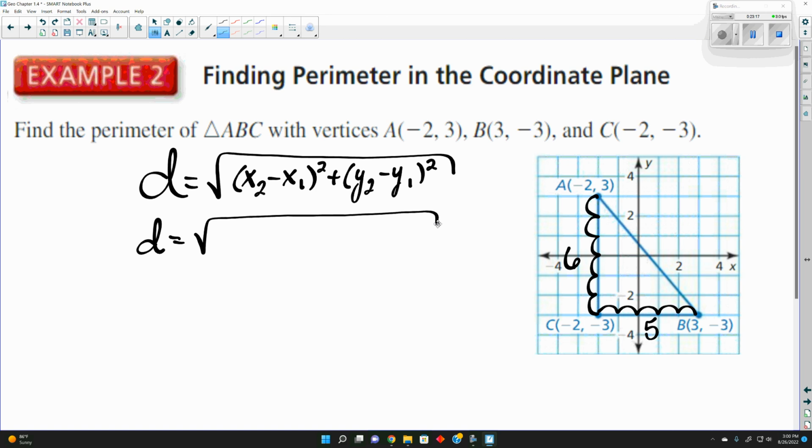Now from A to B, so we need the x value. So we need our -2 and 3. So we can say -2 minus 3 squared plus. Now we need the y values, which are 3 and -3. So we can say -3 minus 3 squared.